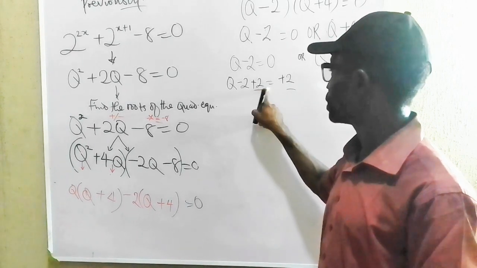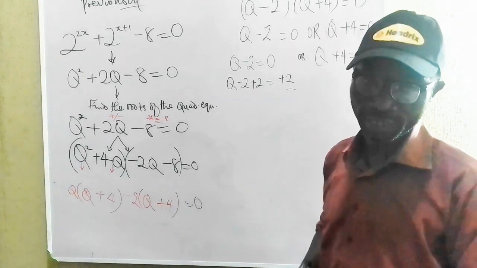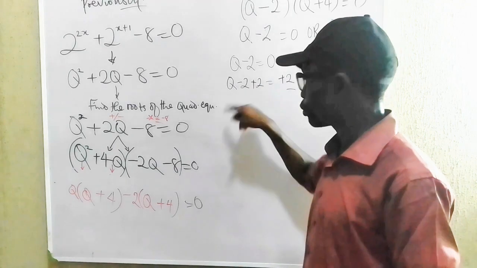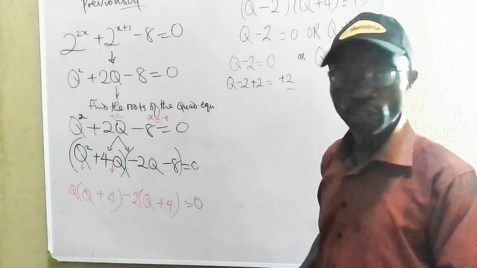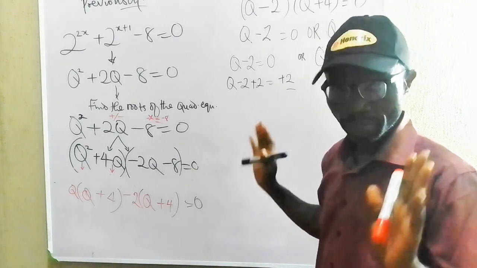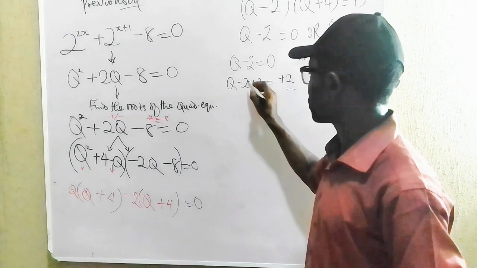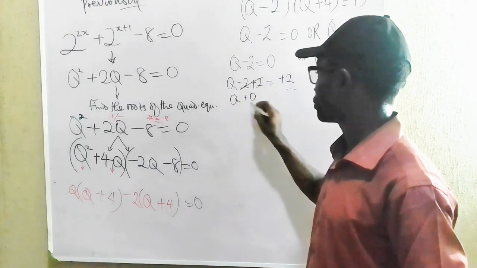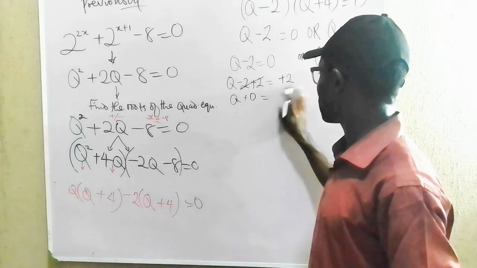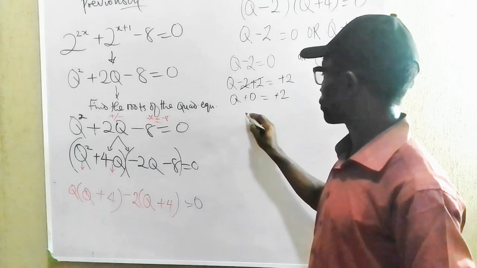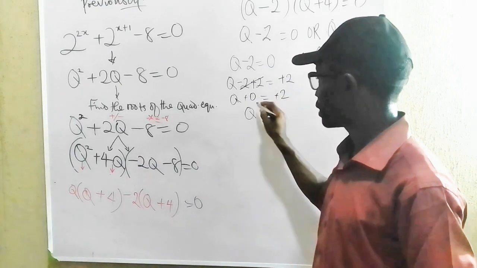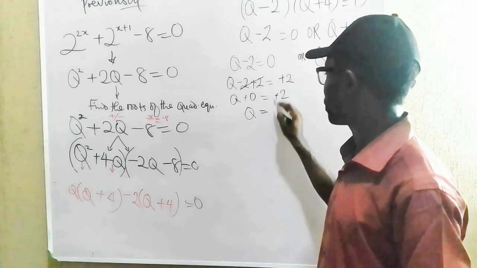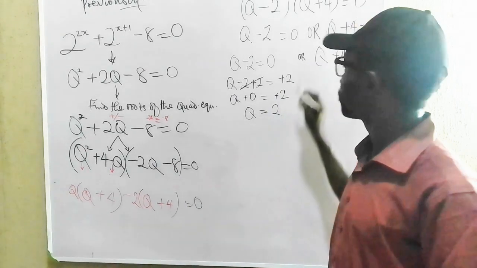Minus 2 plus 2 means I'm owing $2 and I paid $2. Am I still owing? No. So q remains. So this becomes 0. So it's q plus 0 equals, this is plus 2. q plus 0 is the same thing as q. Any number plus 0 is still the same number. q is equals to 2.